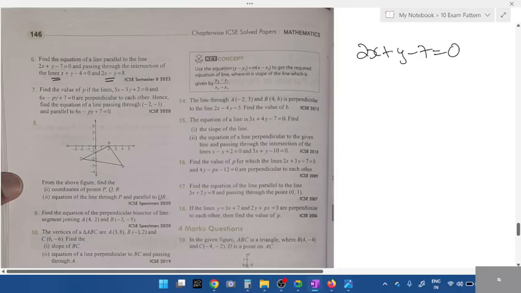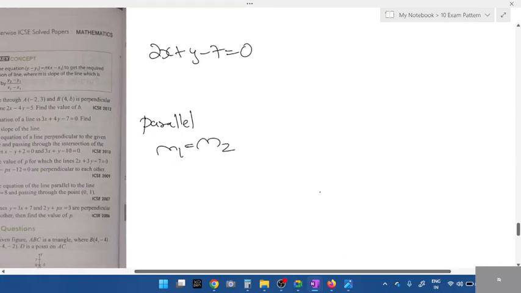Try to convert this, students. Find the equation of the line parallel to this line. If it is parallel, what are M1 and M2? M1 is equal to M2. From this, find the M1 value. Take this equation, find M1. Arrange it in terms of y is equal to mx plus c. Be quick.